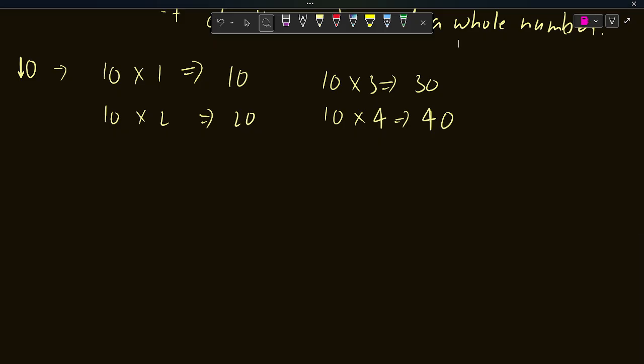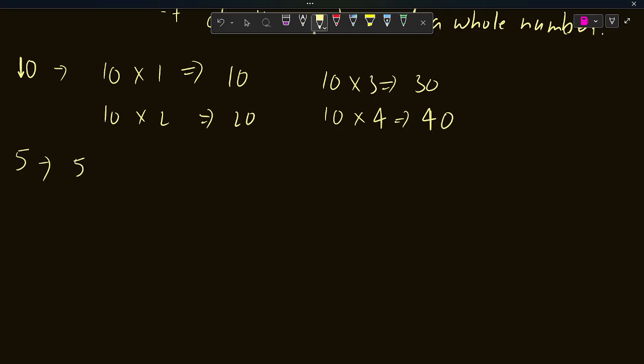Now let's take one more example. Suppose we have 5. So what are the multiples of 5? All those numbers which are the product of 5 and a whole number will be considered as multiples of 5.